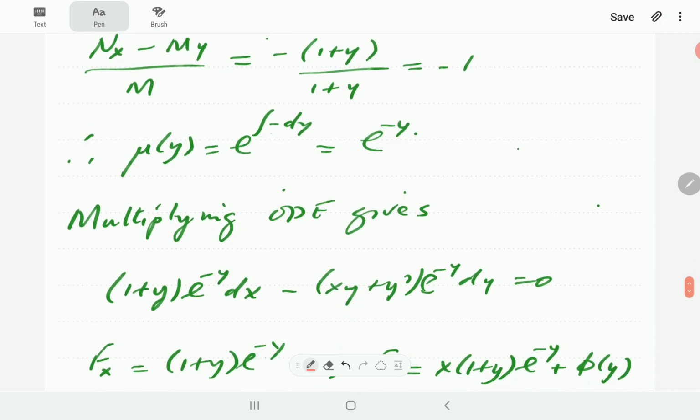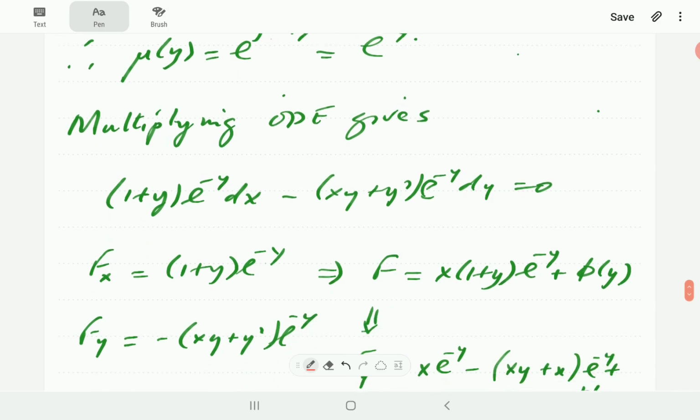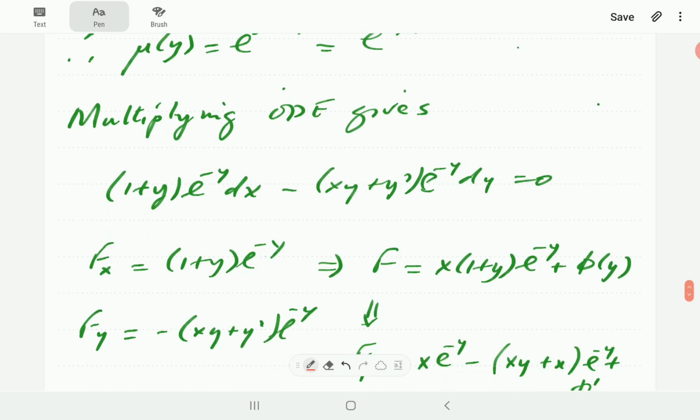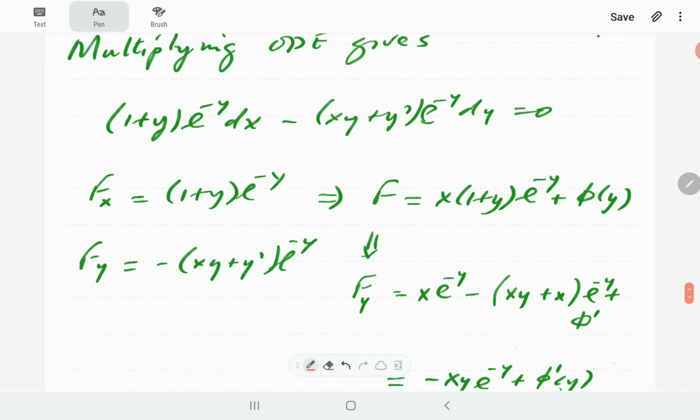And then if you multiply the equation by that, this should now be exact. Okay, you can actually confirm. So it's going to be a function which says that its derivative with respect to x is M. Integrate that with respect to x, you get this, and then we differentiate.